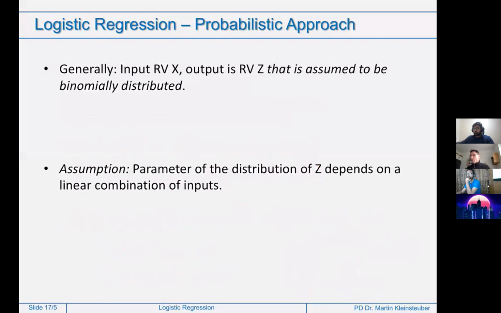Yes, so very general. In the general setting, I've just generalized that, going away from that example, but it looks pretty much the same. You have an input random variable X, your output random variable Z is assumed to be Bernoulli distributed. That's exactly what I was just drawing here.